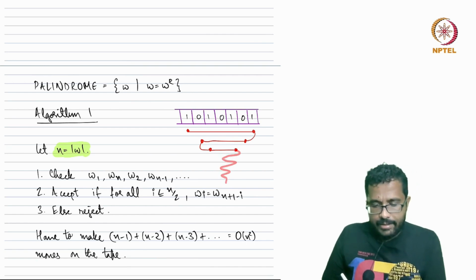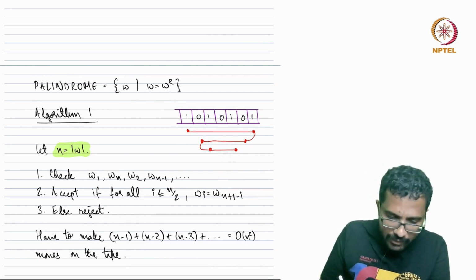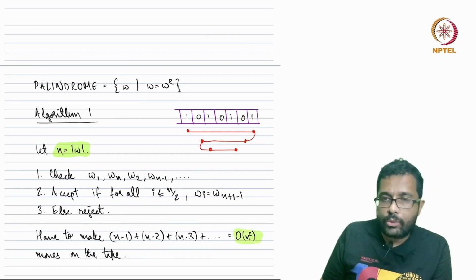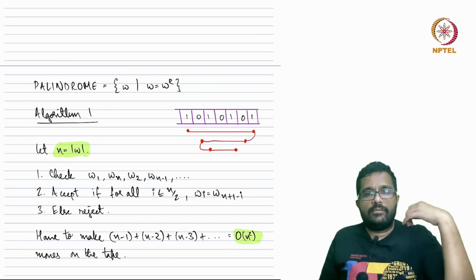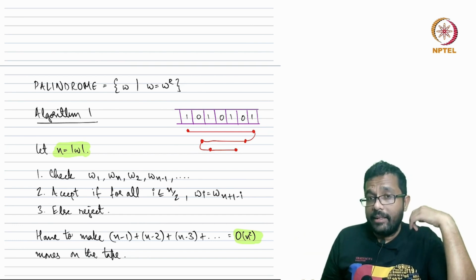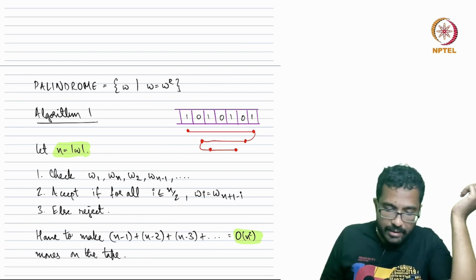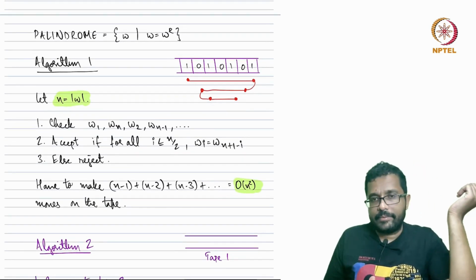If you add all of this up, it is asymptotically n squared. So the Turing machine takes n squared steps to do all this checking. This procedure takes n squared time.